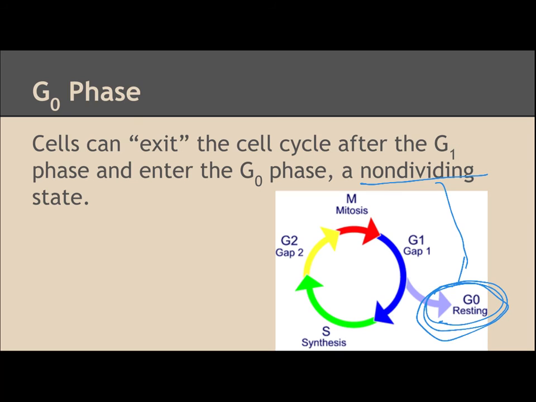So we call this a non-dividing state. This would happen after G1 phase. So the cell divides, it goes into G1, and then it has a fork in the road here. Is it going to continue on to replicate its DNA and end up dividing again? Or is it going to not divide again? Is it done dividing?